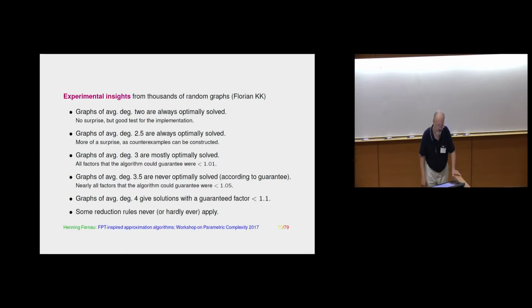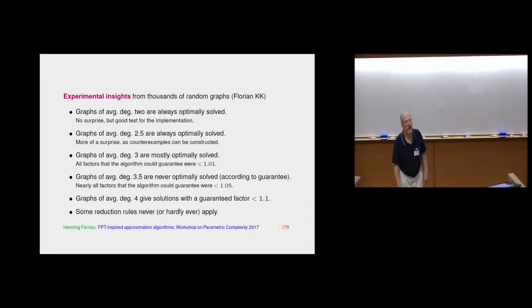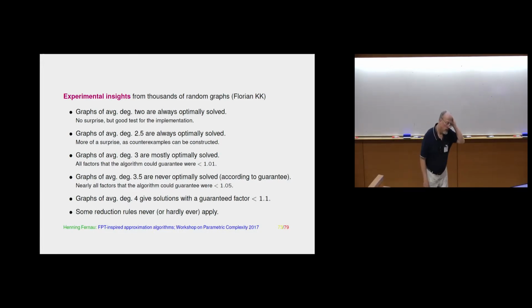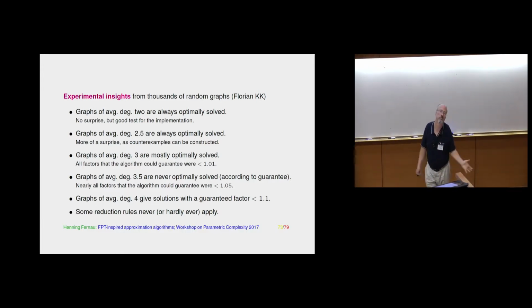Okay, fine. A bit more surprising is that we never found any example of an average degree 2.5 graph, randomly constructed, where this algorithm doesn't solve to optimality. This is just kind of experimental evidence at the moment that this is the case.